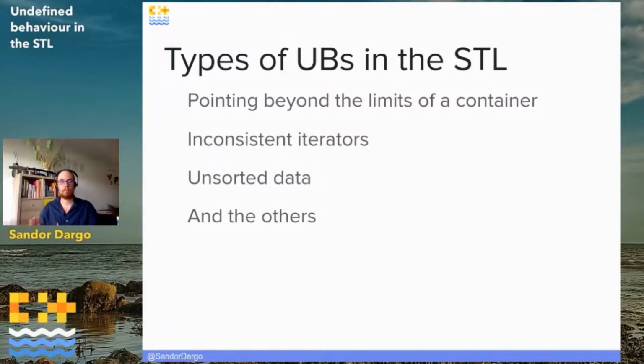First, when we are pointing beyond the limits of a container. Second, when we use inconsistent iterators, we'll see what they are. Third, when you use unsorted data with certain algorithms. And there are the others that I couldn't classify.